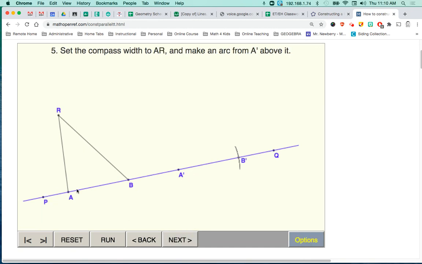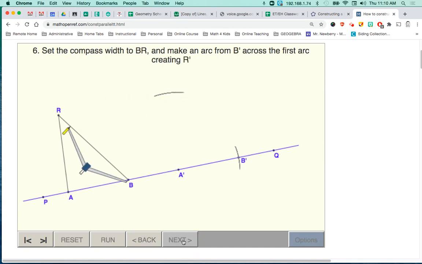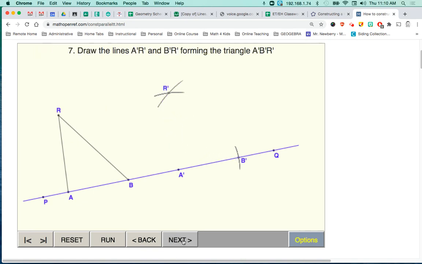So now we've got the same AB and A prime, B prime. Those are the same length. Now we've got to find R prime up here somewhere. So what we're going to do is measure the distance between A and R, draw an arc, and then measure the distance between B and R. And we're going to get that intersection of arcs, which would be R prime.